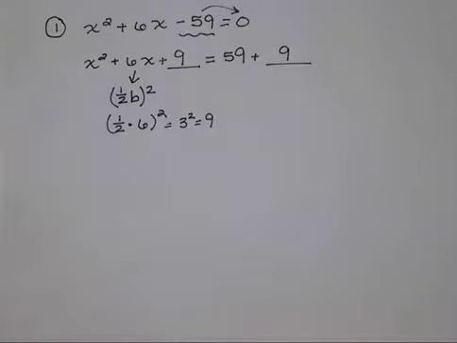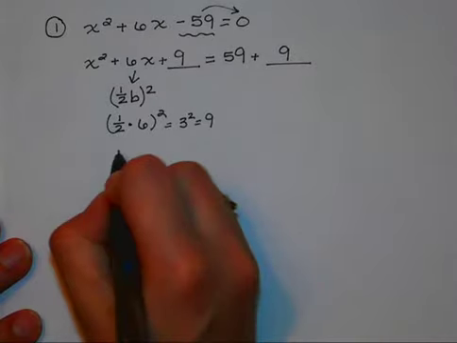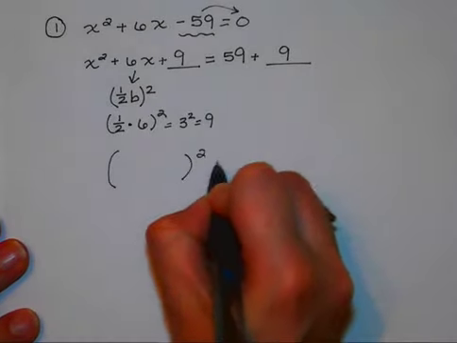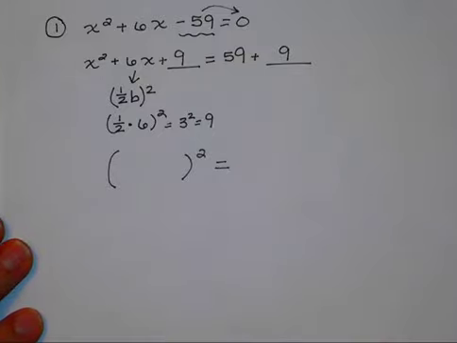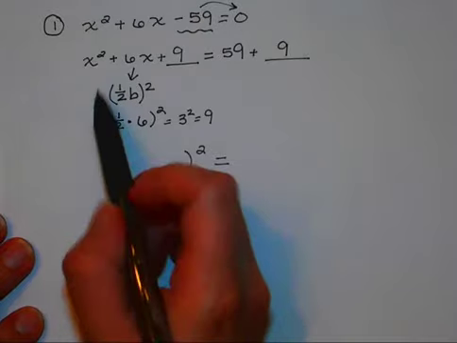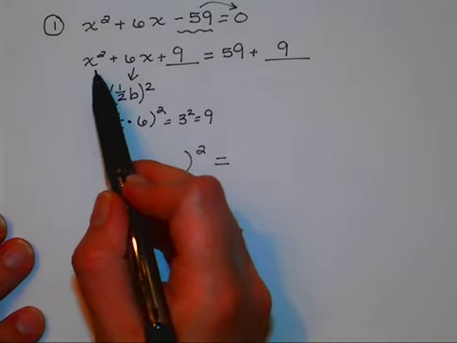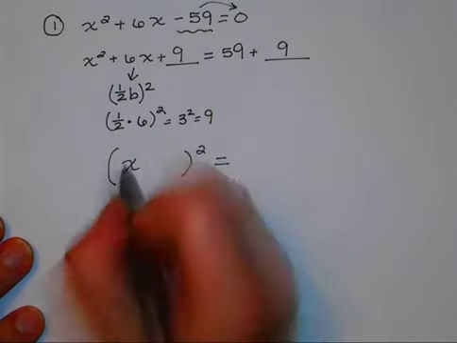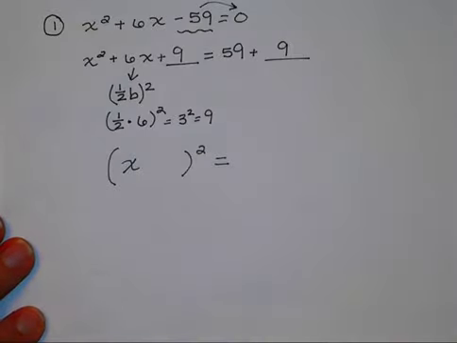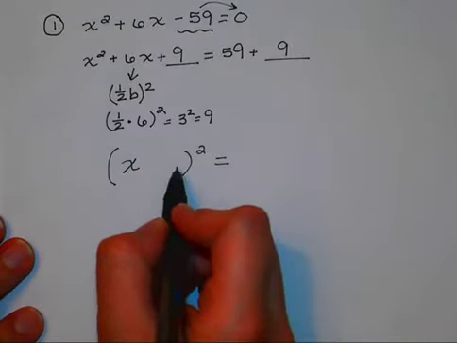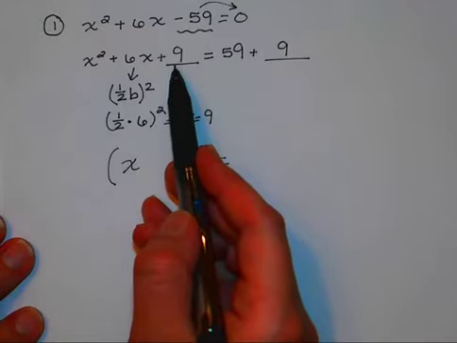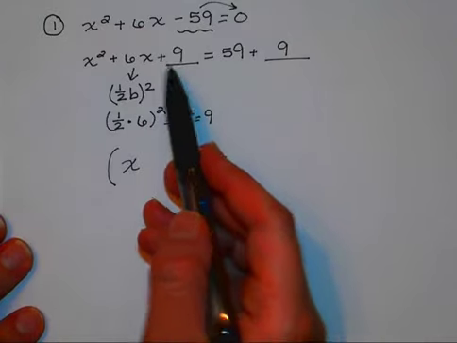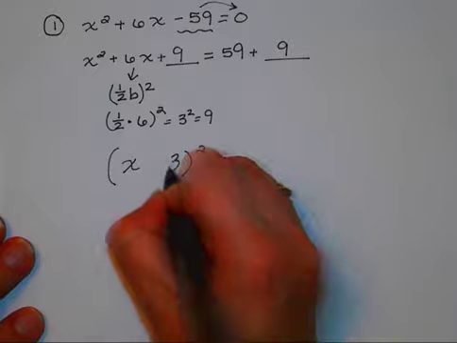Now the left side of our equation is a perfect square trinomial. And we know that to factor a perfect square trinomial, it always factors into one big parenthesis, which gets squared. In the first spot of the parenthesis, we put the square root of the first term. So the square root of x squared is x. In the last spot of the parenthesis, we put the square root of our last term, or the constant, 9. The square root of 9 is, of course, 3.